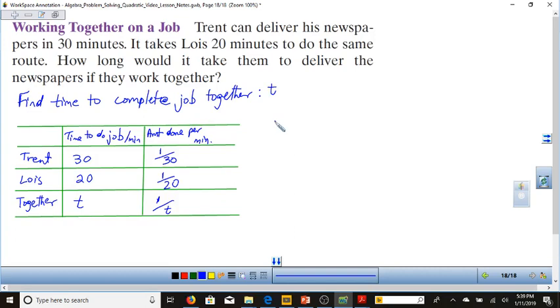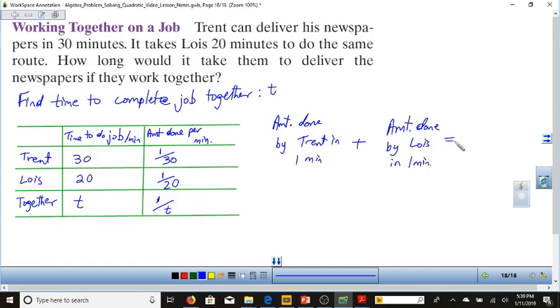So the amount done by Trent in 1 minute plus the amount done by Lois in 1 minute, and we're assuming they don't interfere with each other, is the same as the amount done together in 1 minute.